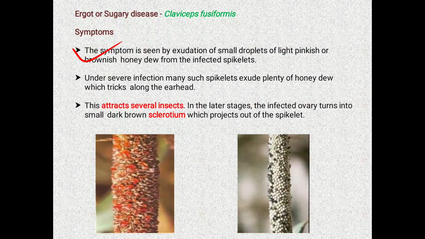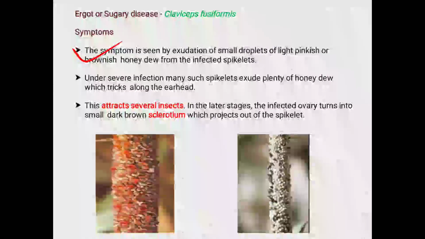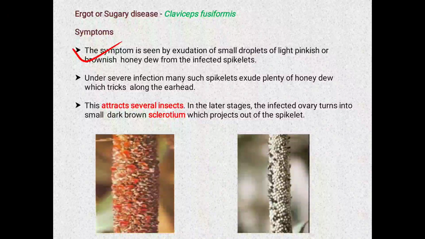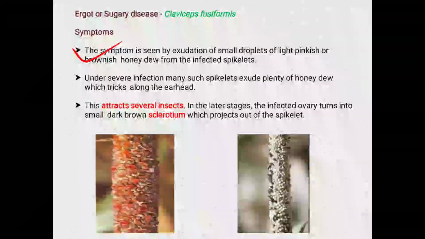Under the severe infection, many such spikelets exude plenty of honeydew which thickens along the earhead. This attracts several insects. In the later stage, the infected ovary turns into small dark brown sclerotium which projects out of the spikelet.